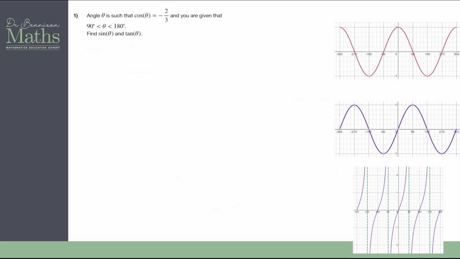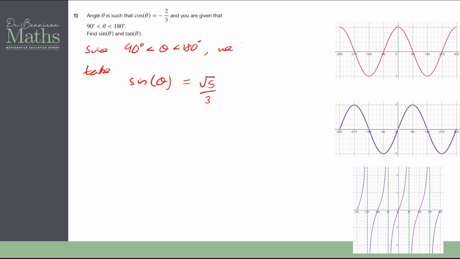So since theta is between 90 and 180 degrees, looking at the graph for sine theta, we know that we're going to take the positive square root, because sine is positive between 90 and 180 degrees. So we will take sine theta to be positive root 5 over 3.